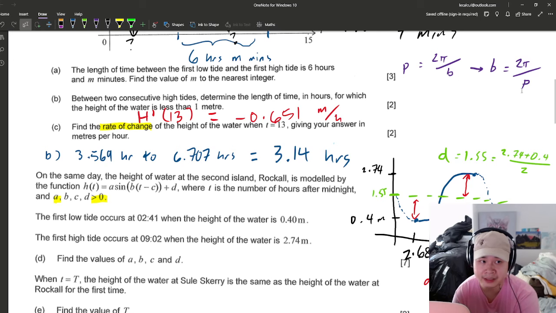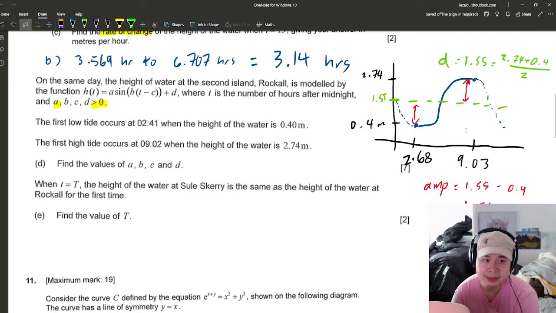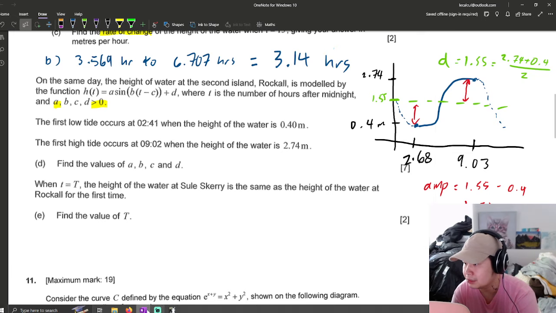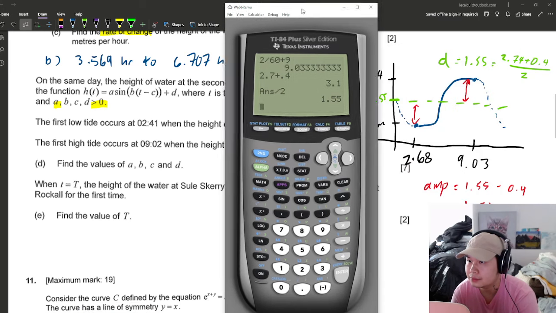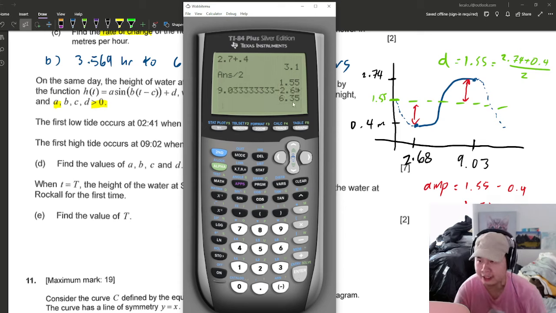So B is 2 pi divided by P, and we kind of know what the period is because I know the time it takes to go from the low tide to the high tide, and again this is half of the period, right? So we're going to take 9.03, and then subtract the 2.68, and then you see it will take 6.35 hours to go from low to high.